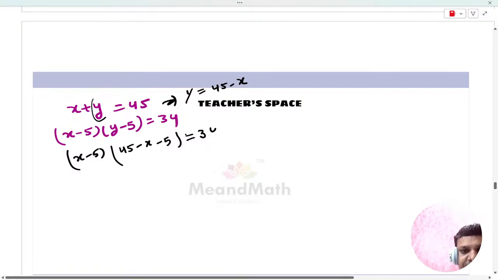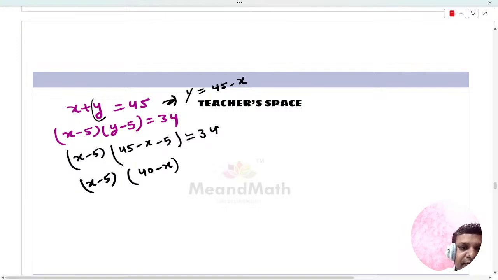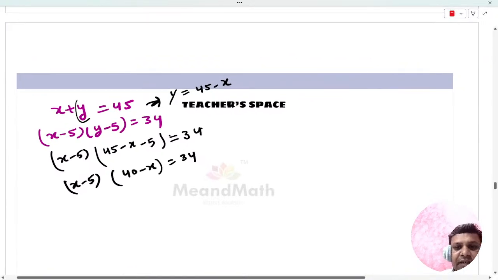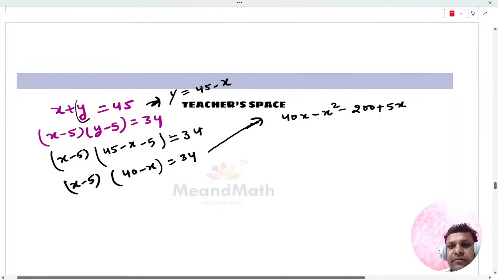Let's simplify this further. If we simplify further, x minus 5, 40 minus x is equal to 34. Now multiply, 40x, here we solve. 40x minus x square minus 200 plus 5x is equal to 34.